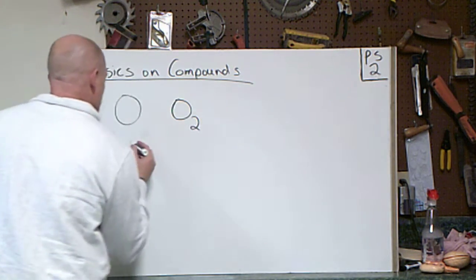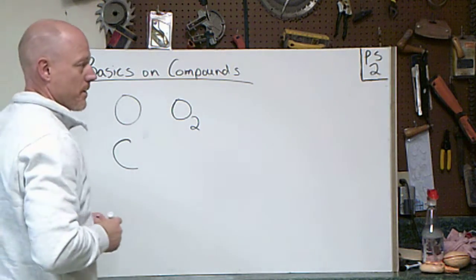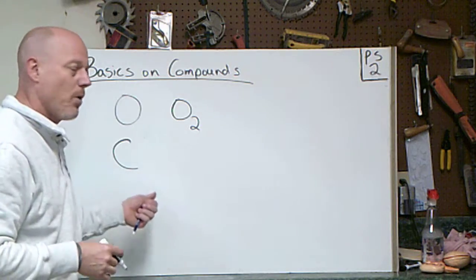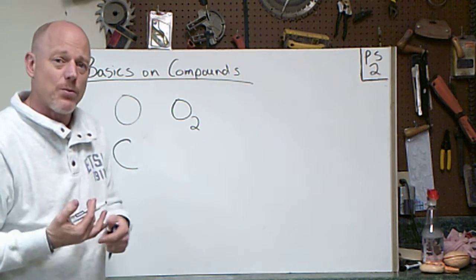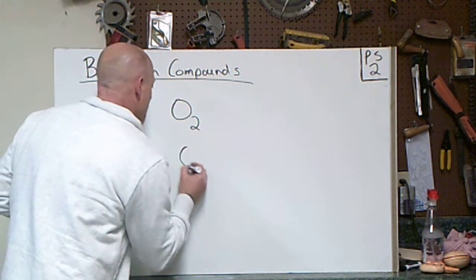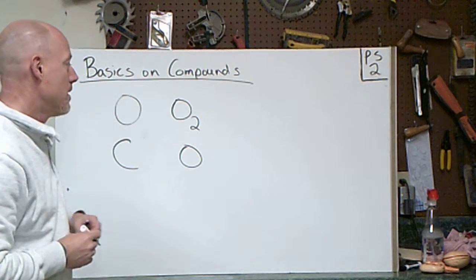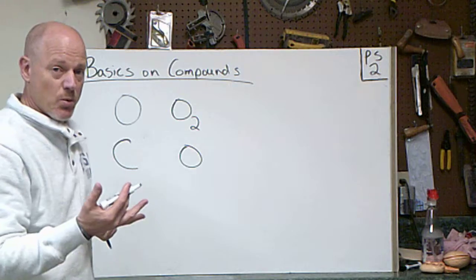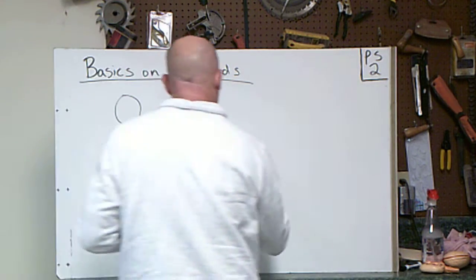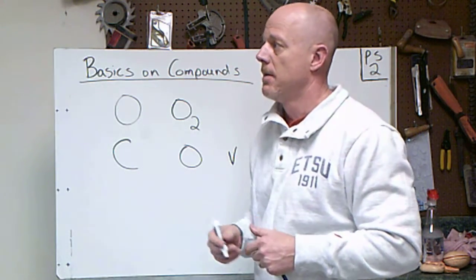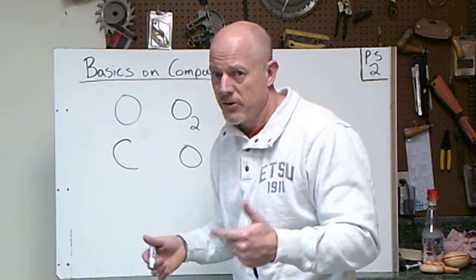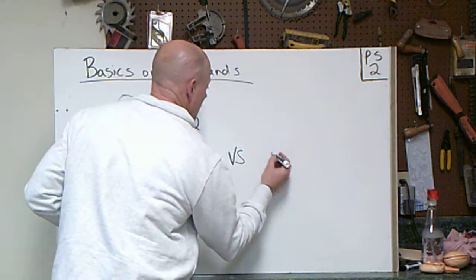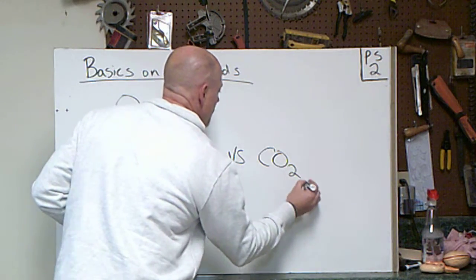You could also have this, carbon. If I write it like this, C, you know there's one, because I didn't write a number. You know there's at least one. And you could also have this element, or atom, oxygen. You know there's only one. But you could combine these to form a molecule. And the molecule that many of you already know is CO2.